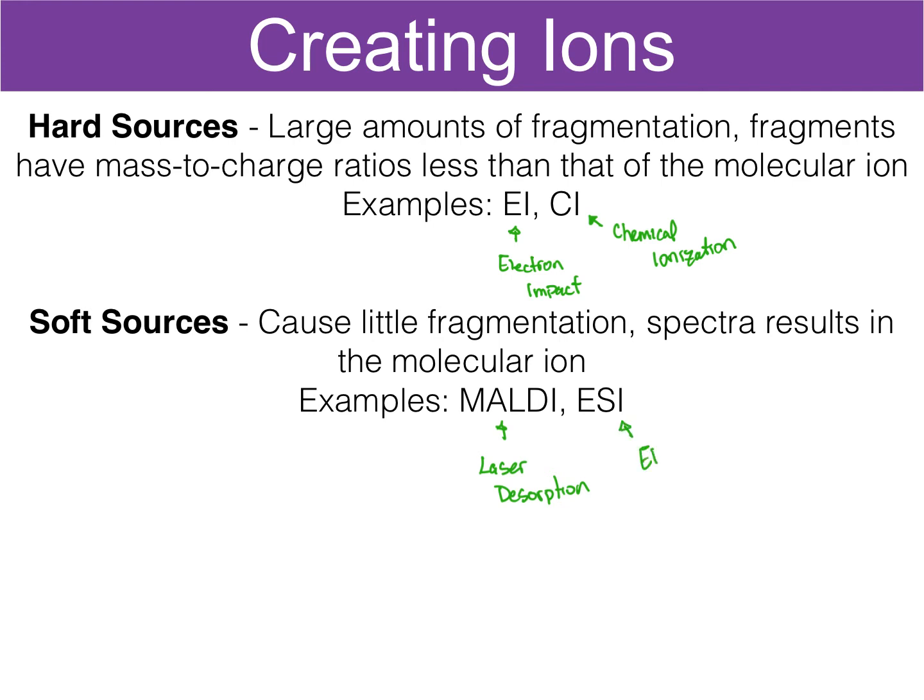ESI, this is electrospray. Electrospray ionization is basically statically charging your molecules. And so we spray a liquid out and we let the droplets get so small that they become statically charged and become basically single molecule sized. And so that does not result in very much fragmentation at all.